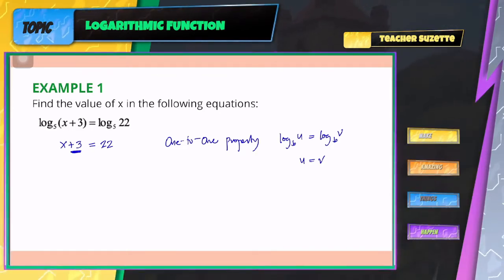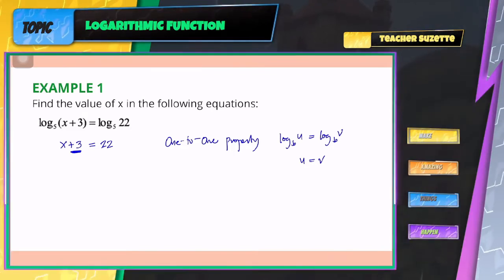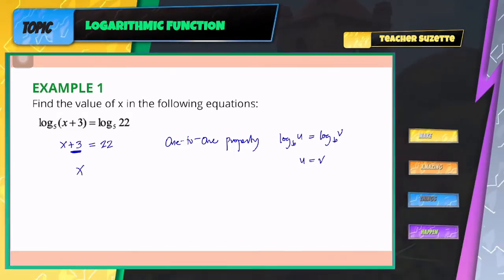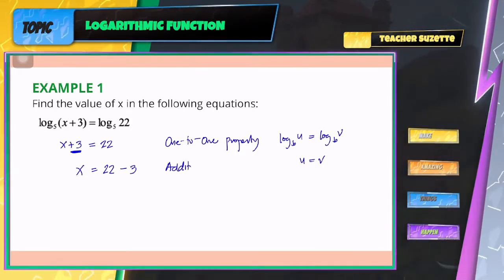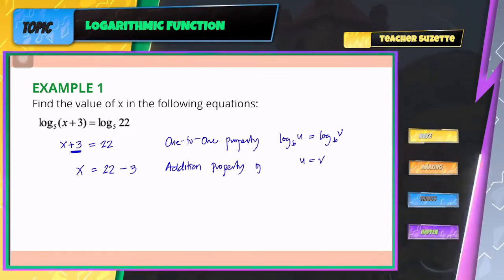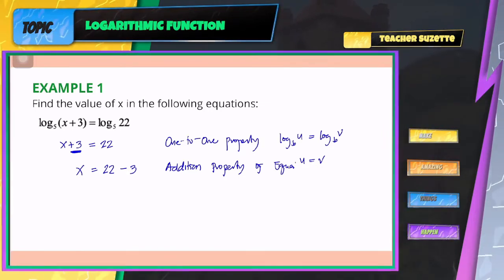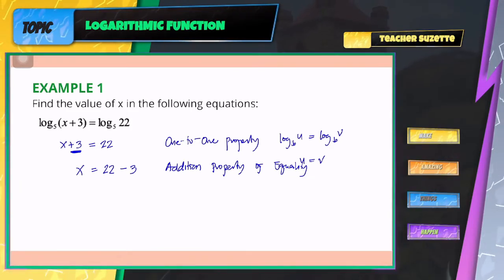So we add negative 3 to both sides to cancel out the positive 3 sa side ni x, kaya po makakancel ito sa left side natin.